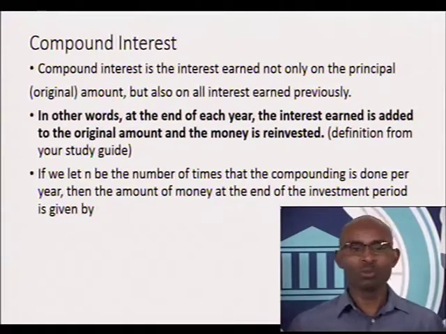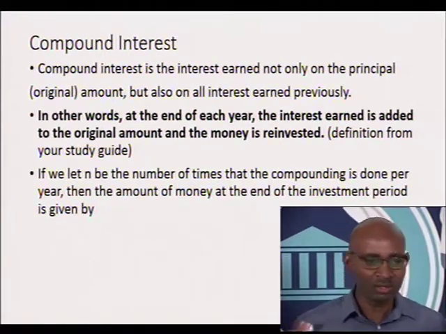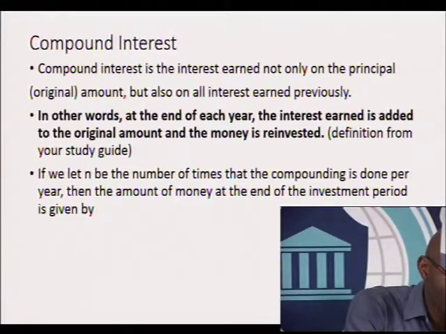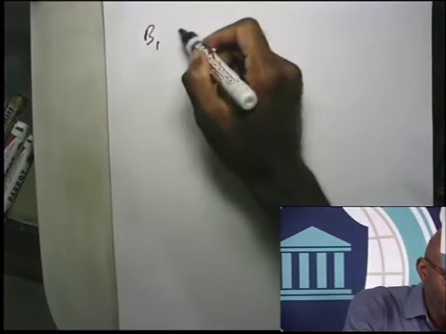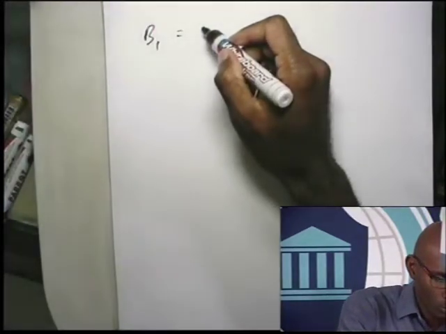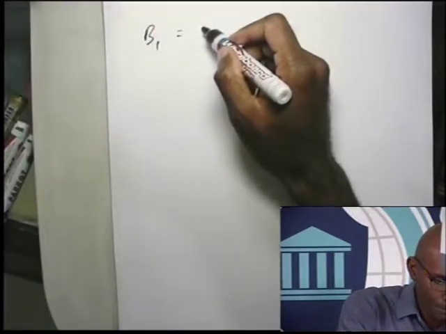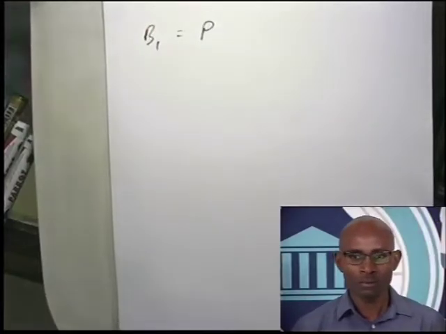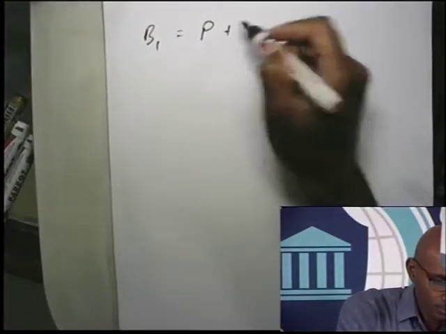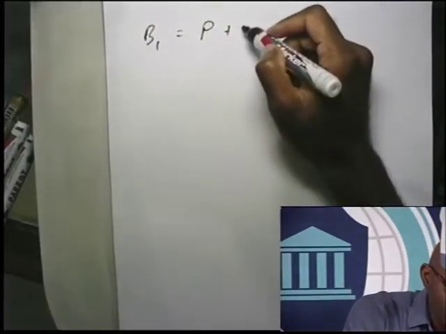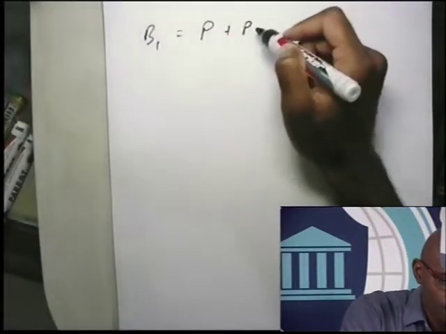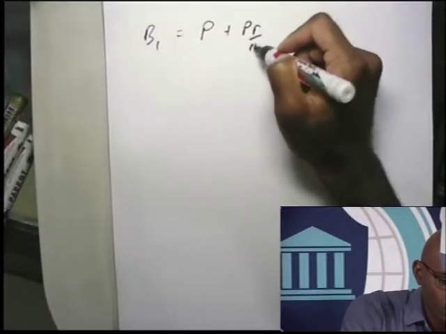If we suppose that they do it once, then at the end of the first year, your balance after 1 year will be given by P, your principal, plus PR over 100.